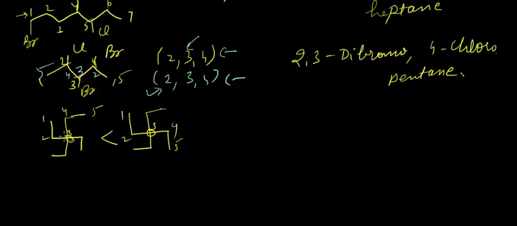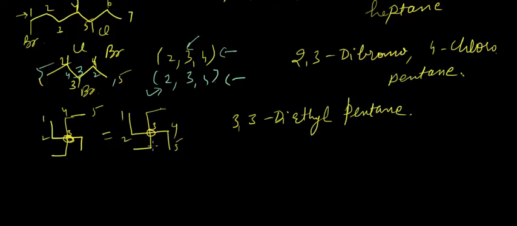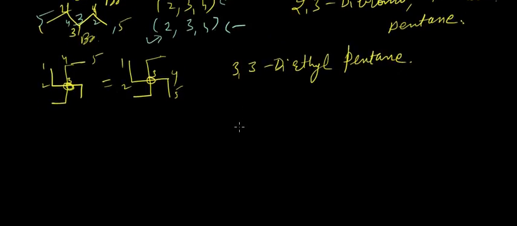This chain also has two substituents at the third position. Okay, my bad. We actually both have the same preference order. You can give the same preference to either, so it would be 3,3 diethyl pentane. Both would be given the same preference.